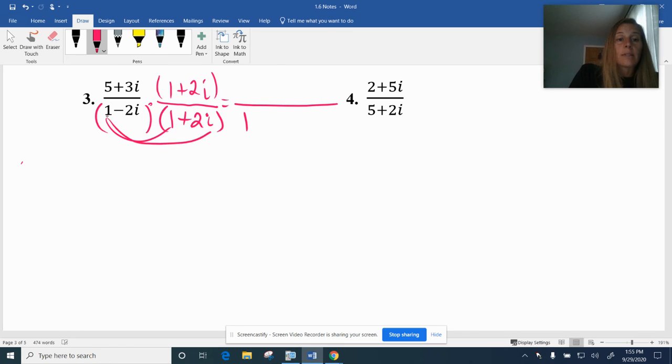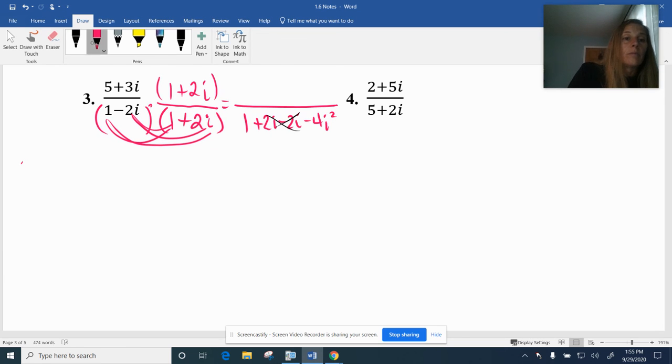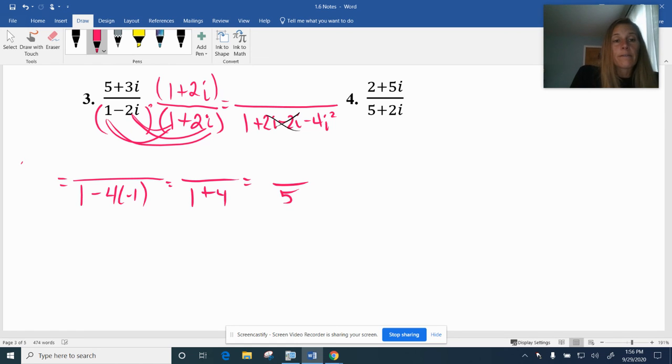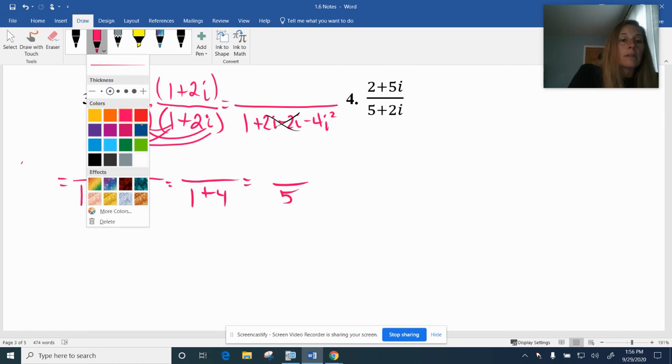So I have a plus 2i and a minus 2i, which of course are going to cancel. And then I have minus 4i squared. And then continuing that, I have 1 minus 4 times -1, which is really 1 plus 4, which is really 5.